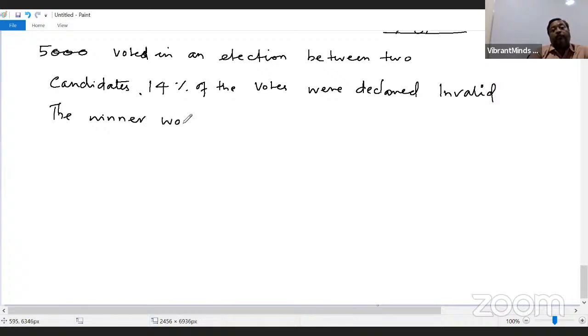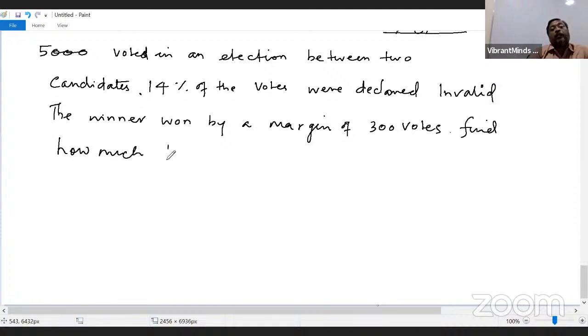The winner won by a margin of 300 votes. Find how much the winner got.